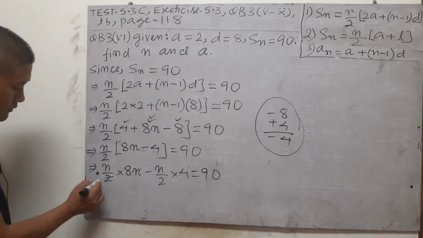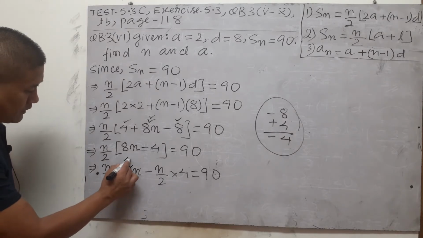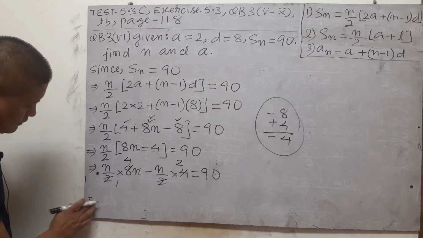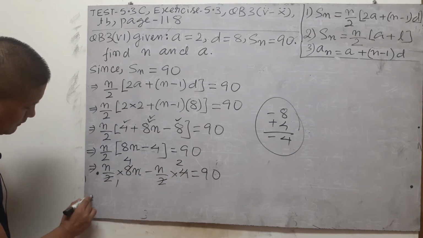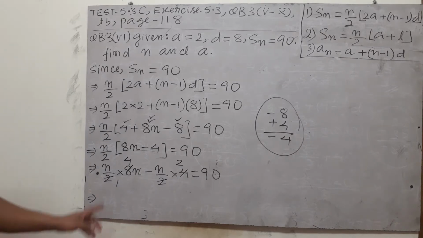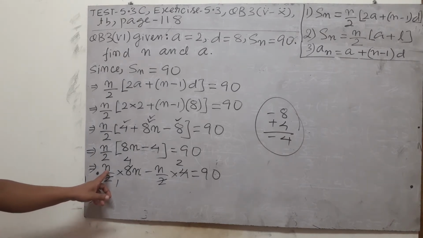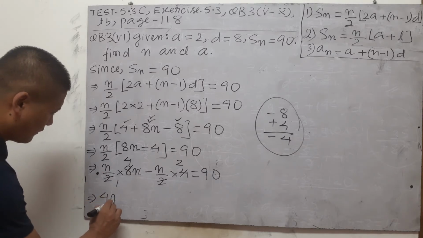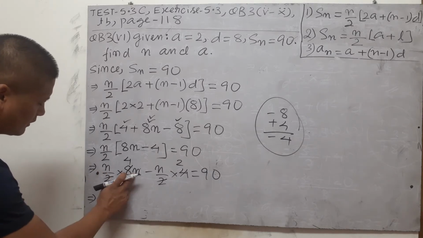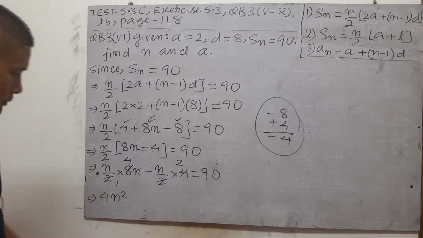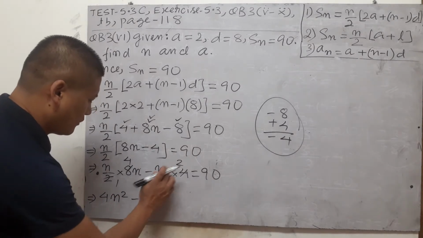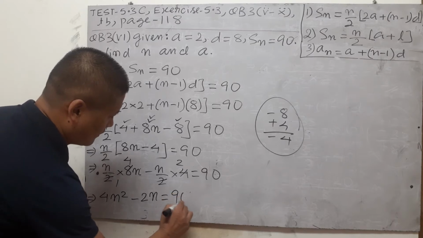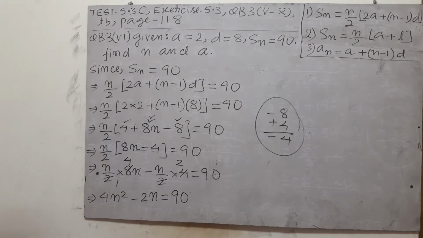So here 2 1s are 2, 2 4s are 8, then 2 1s are 2, 2 2s are 4. So we're going to get here n into n is n squared, 4n squared, and minus n into 2, 2n is equal to 90 on the right side.